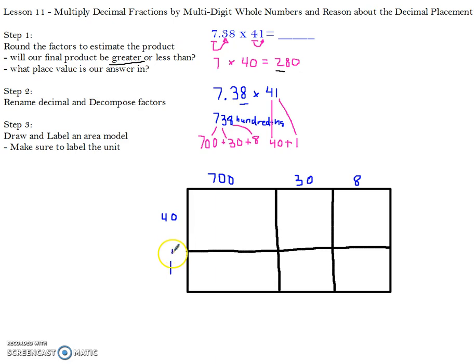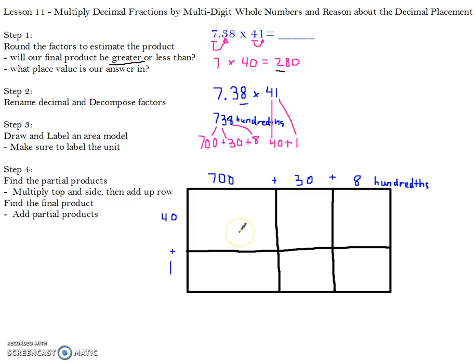And then if you want to add these addition signs in the middle to remind yourself that these lines actually really signify that you are adding all of these numbers together to get your factors. And then don't forget to label your factor, and we are labeling ours with hundredths because we renamed our decimal in the hundredths.